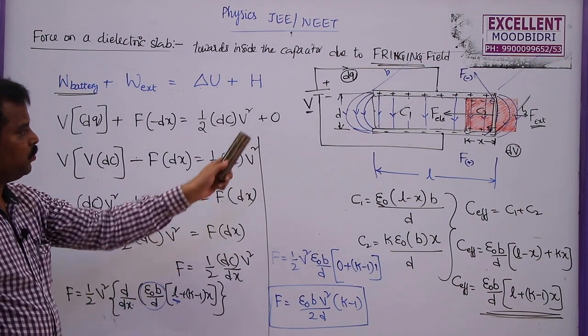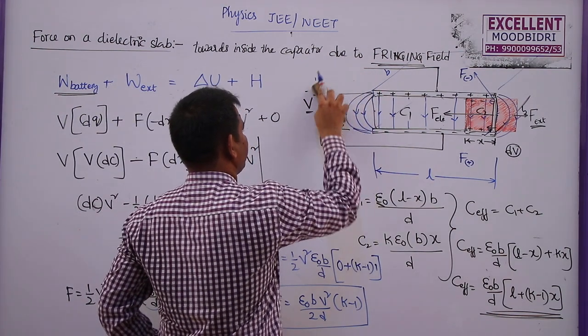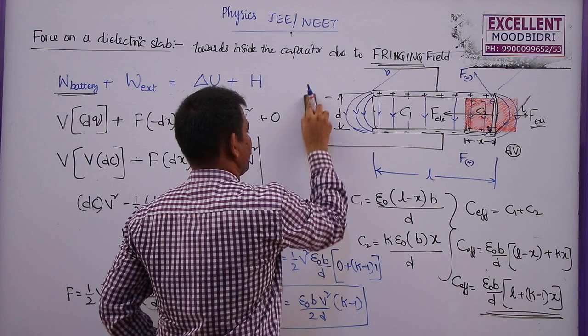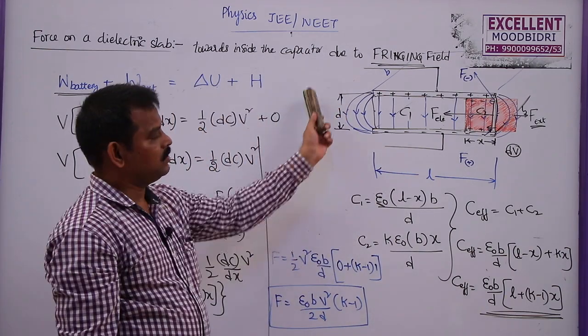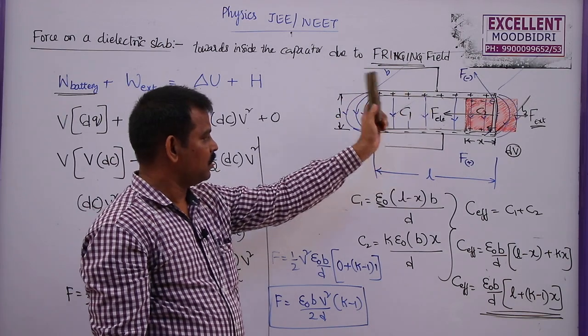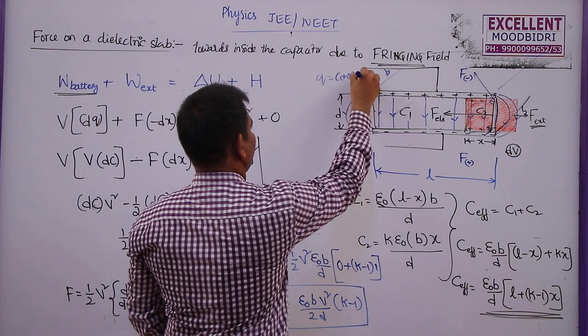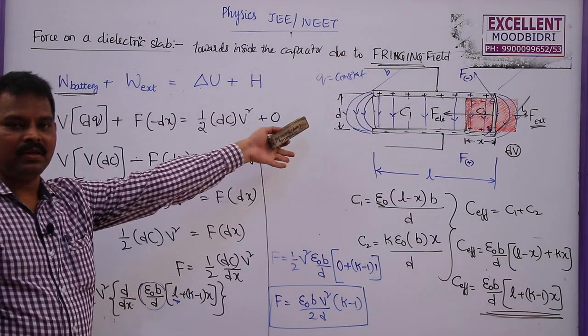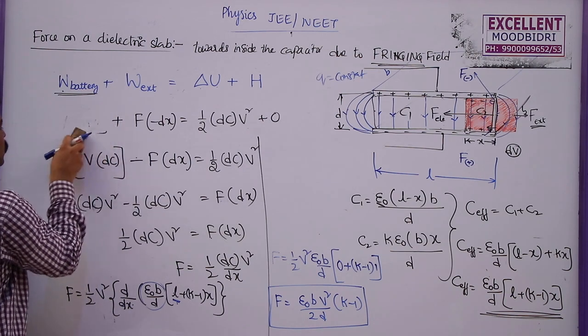In this case, suppose the battery is disconnected here, then what happens? Whatever the charge that is given to this capacitor remains constant. So Q is constant. Then as the battery is disconnected, the work done by the battery will become 0 here. This will become 0.